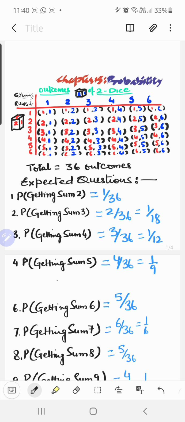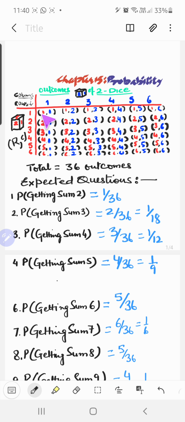We will follow a simple pattern: we will first write the row and then the column. So first we write the number appearing on the row die, and then the number appearing on the blue die, that is the die in the column.